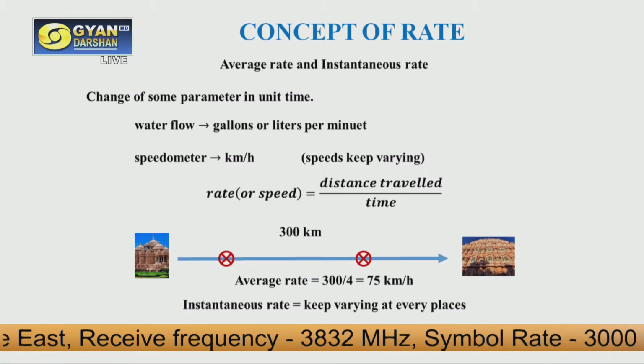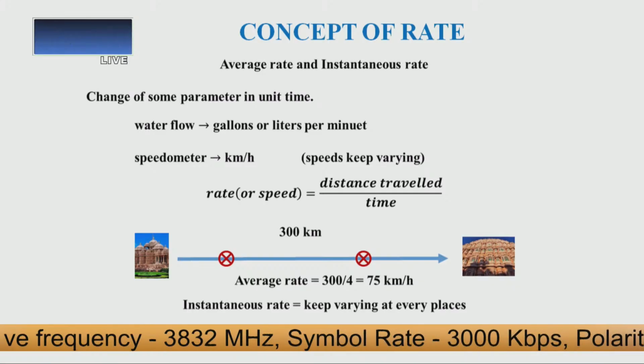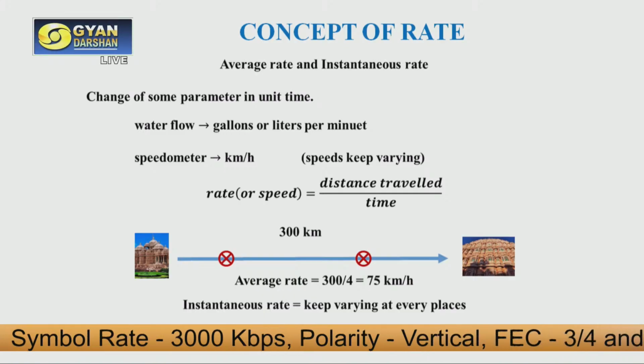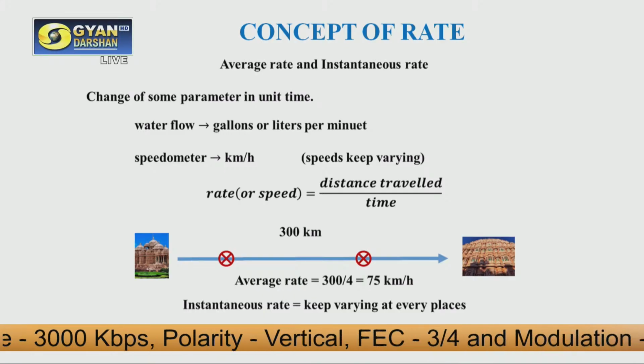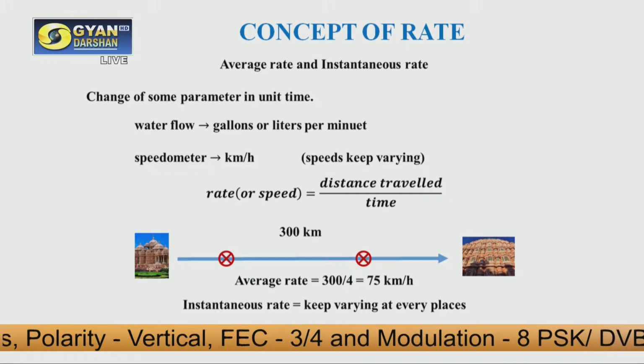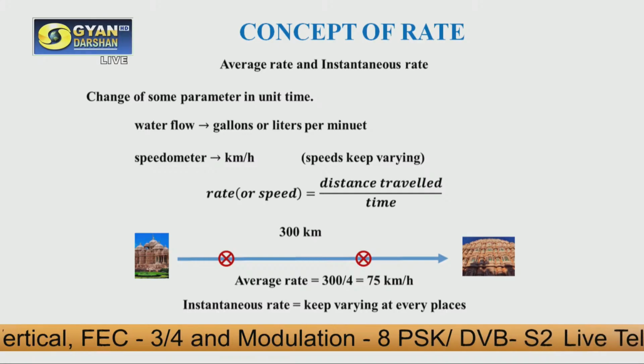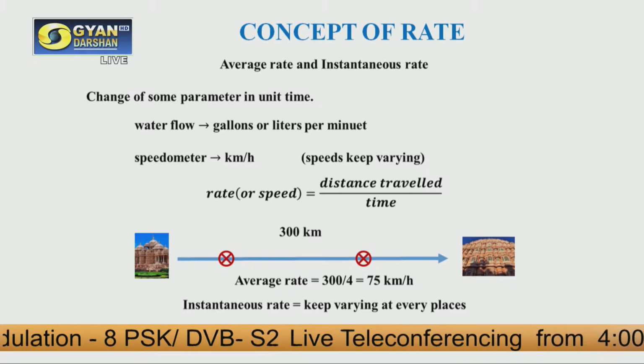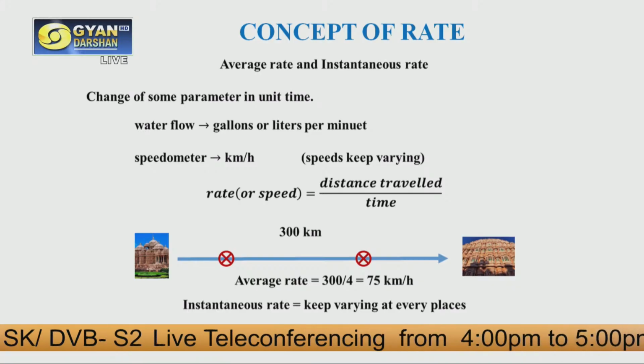In vehicles or motorbikes, we have speedometers. They give kilometer per hour, which means the unit of this rate is kilometer per hour. At any time while we are driving, we can look at the speedometer and say that we are moving at x kilometer per hour or y kilometer per hour.